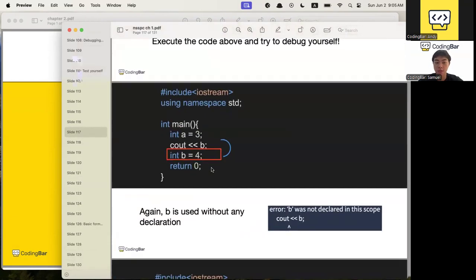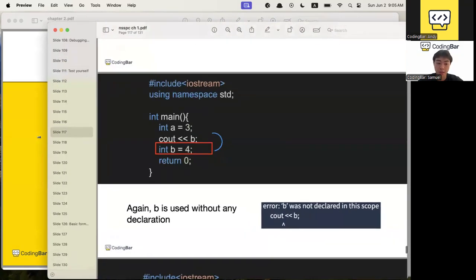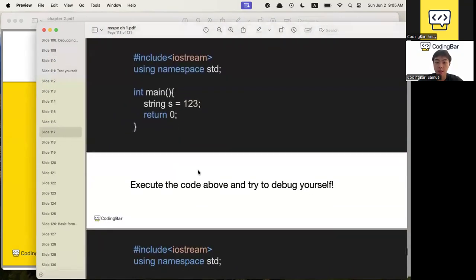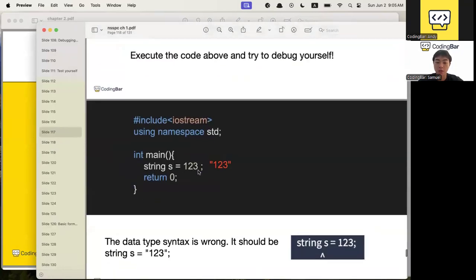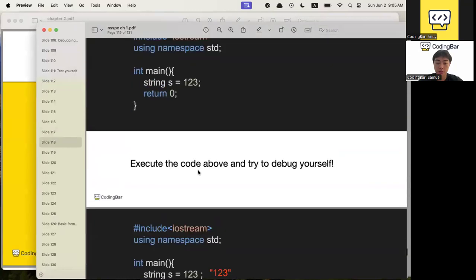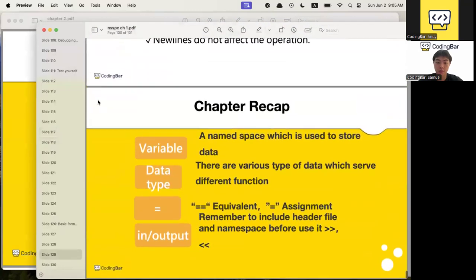These are some methods to debug. There are many more methods to debug as well. These are just some examples.